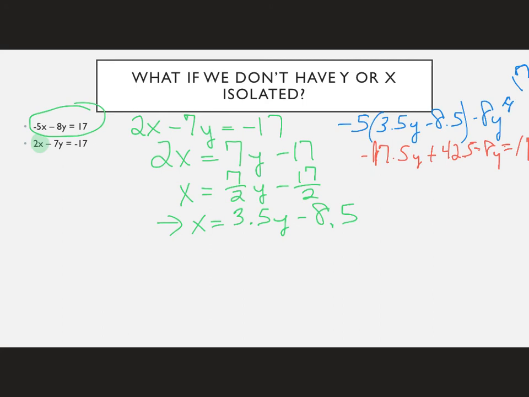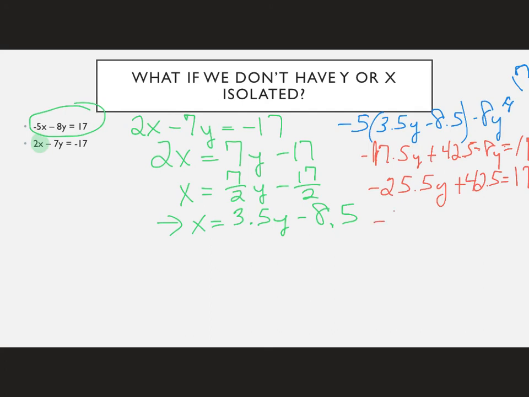Going to combine some like terms. Negative 17.5y and negative 8y are going to give me negative 25.5y plus 42.5 equals 17. Going to subtract 42.5 from both sides.